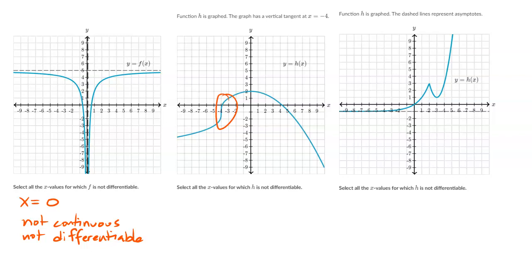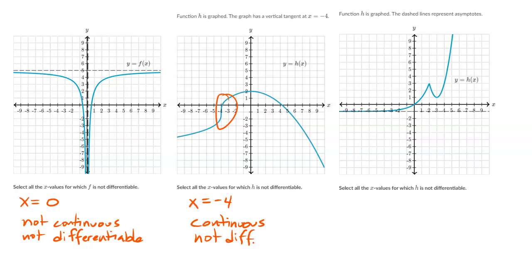It says there's a vertical tangent at x equals -4. So at x equals -4, it is not differentiable. If I were to describe this location, it is continuous but not differentiable. I'm just going to start abbreviating as the words are getting too long.